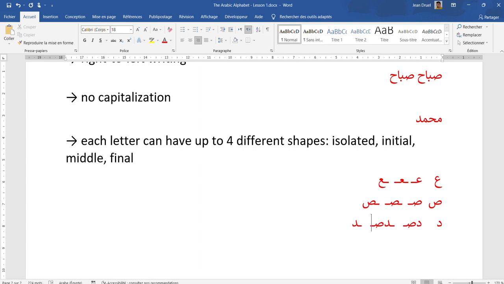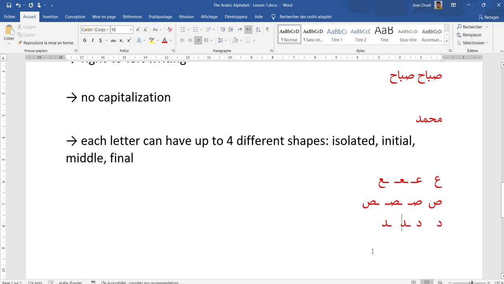If I remove everything which is not the letter itself, what I have in the end is only 2 shapes. The isolated shape is like the initial shape, and the middle shape is like the final shape. All this because that letter, D, does not connect on the left.